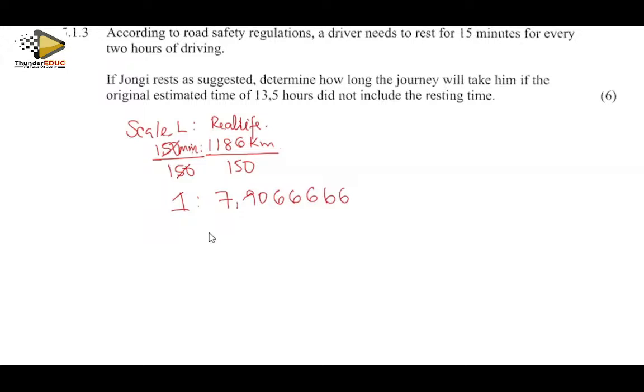So what do we do? At this moment in time, that's when we change these kilometers into millimeters by multiplying by 1,000,000. So multiply by 1,000,000.